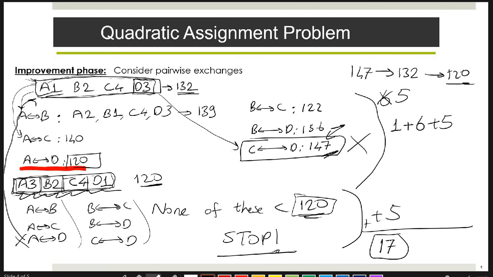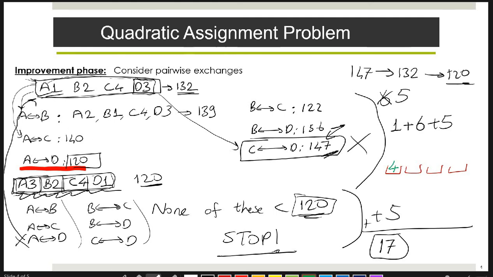But actually, how many solutions are there for this problem? You can think about it like this. There are 4 locations, and we are going to assign these 4 machines to these 4 locations. For the first one, how many different machines can I locate? 4 different machines.